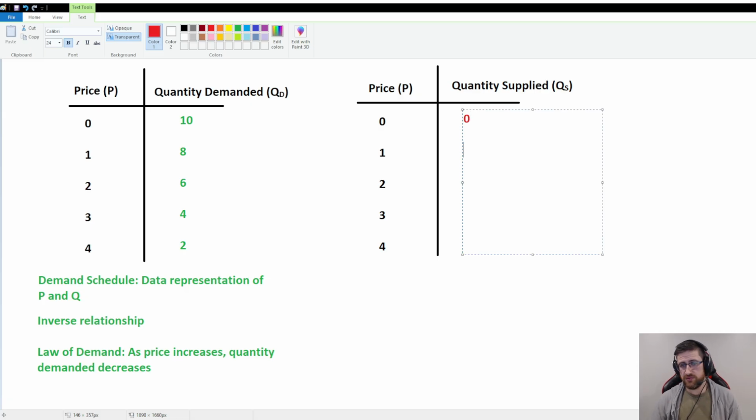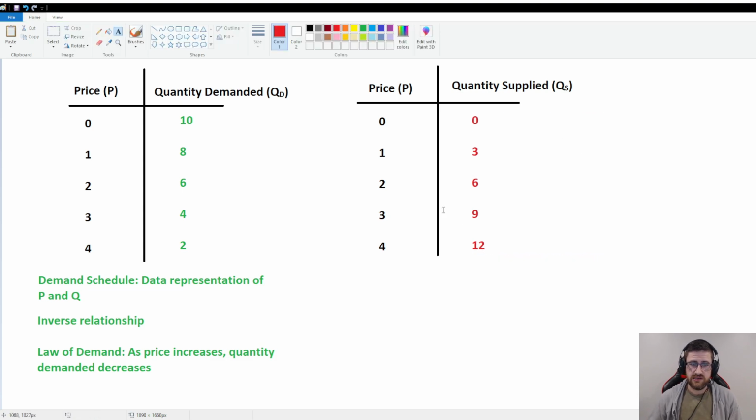But as you bump it up to 1, maybe I sell some. But as you bump it up even more, I sell more and more and more. You'll notice the prices are the same, but the behavior of the quantities is not the same, right?